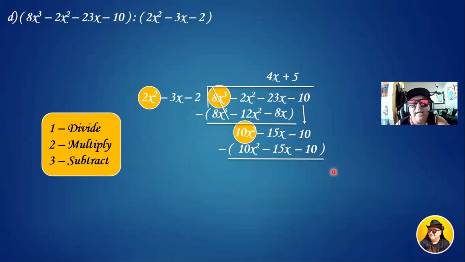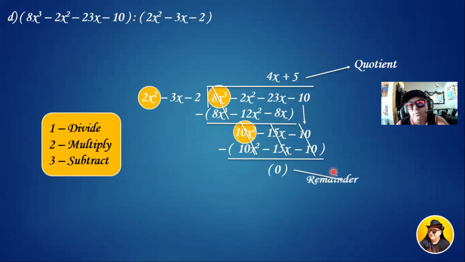Okay, well, 10x squared minus 10x squared is over. It is 0. Minus 15x plus 15x is also 0. So it is also over. Minus 10 plus 10 is 0. It is also over. So 4x plus 5 is the quotient, and 0 is the remainder.